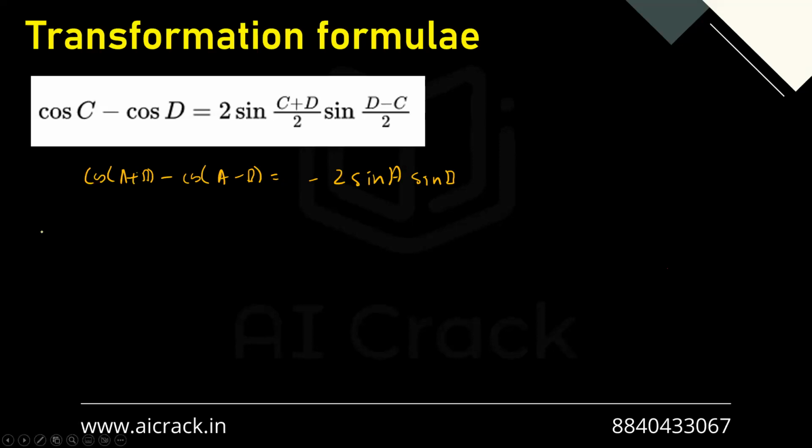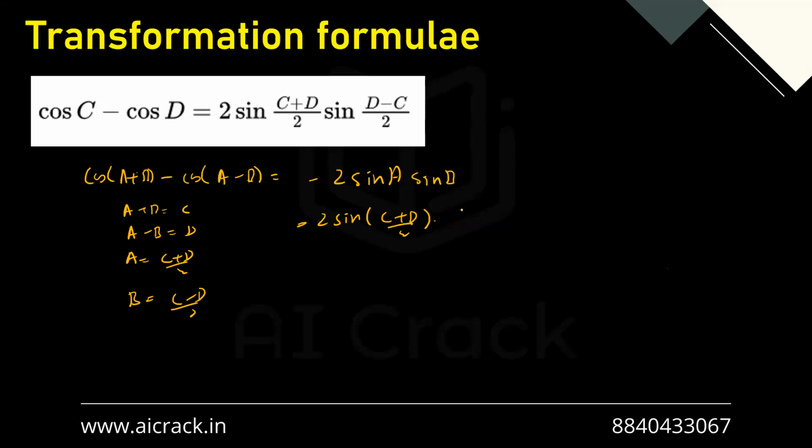So in this case also, this one particular formula is a special case. Again, we'll be doing the same thing, replacing A plus B with C, A minus B with D, A equals C plus D by 2 and B equals C minus D by 2. Now when we replace this one, we'll be getting minus 2 sine of (C plus D by 2) dot sine of (C minus D by 2).